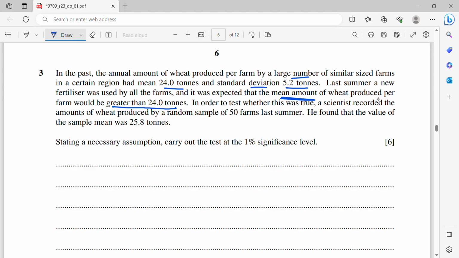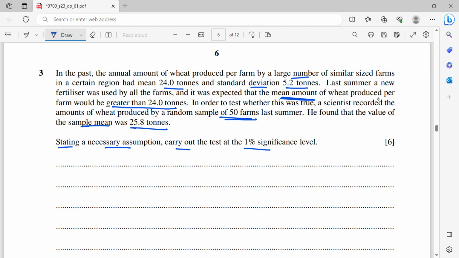In order to test whether this was true, a scientist recorded the amount of wheat produced by a random sample of 50 farms last summer. He found that the value of the sample mean was 25.8 tons. Stating a necessary assumption, carry out the test at 1% significant level.